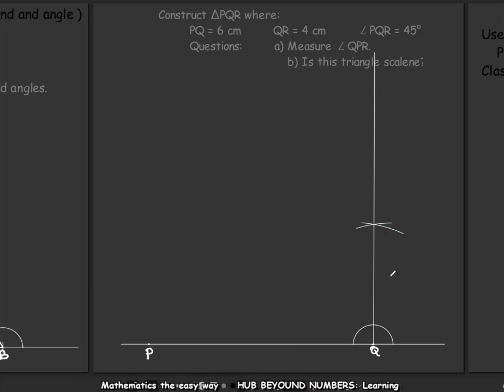Then I want to bisect this angle over here. So in bisecting the angle, we still take our compass. Then stand at one point of this semicircle you have here, and you draw an arc around this side.